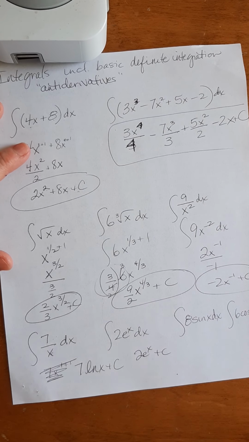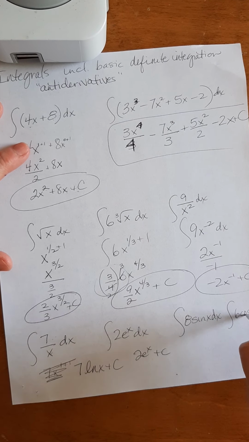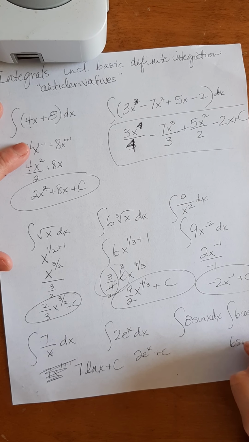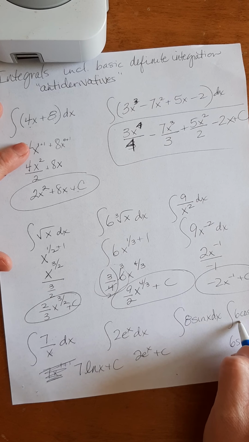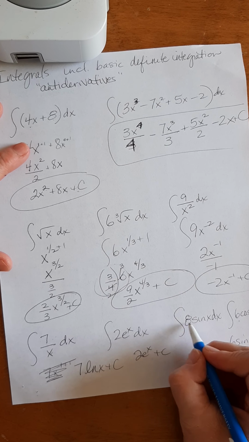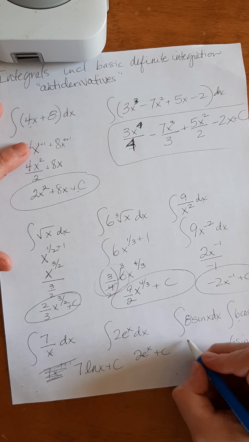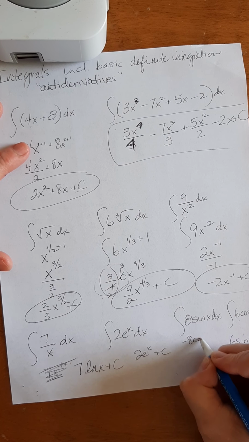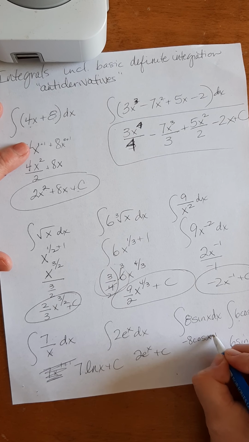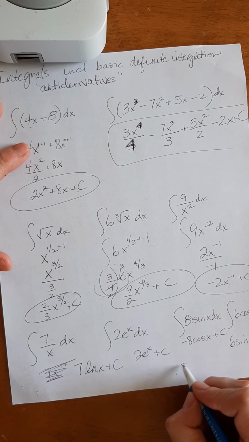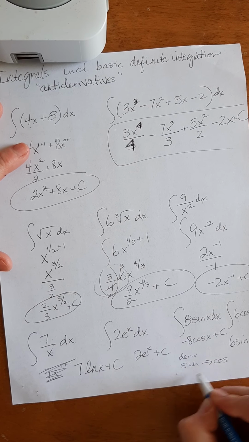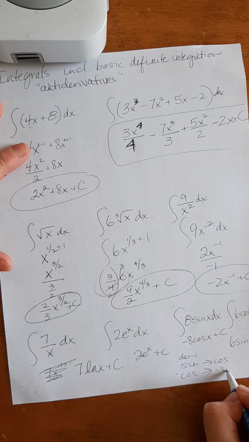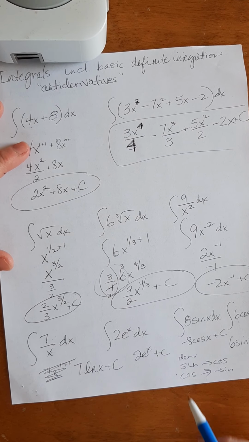Well, remember sine derives to give you cosine, so that's just 6 sine. Cosine derives to give you negative sine, so this would have been negative cosine. Because remember, if you're deriving, sine goes to cosine, cosine goes to negative sine. So that's why.